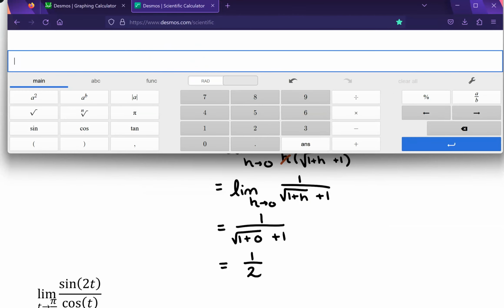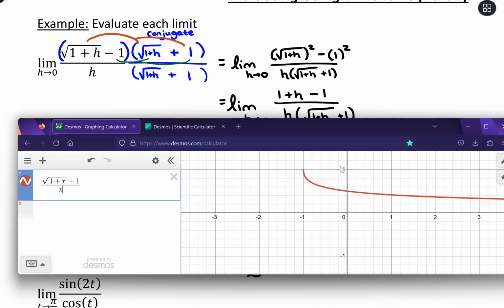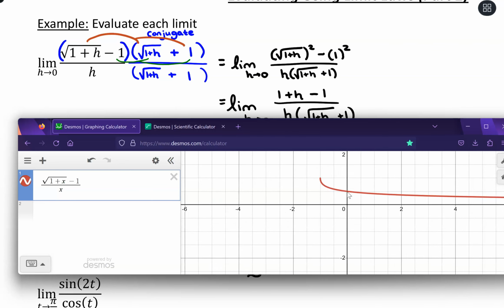So let's go ahead and do that by graphing this function. Let's see, the square root of 1 plus x, minus 1, over x, and we're looking at 0, and what we can see is there's 1, and that looks like about 1/2 right there.